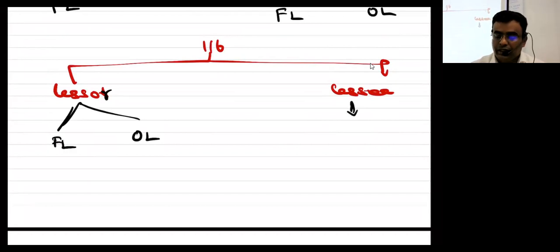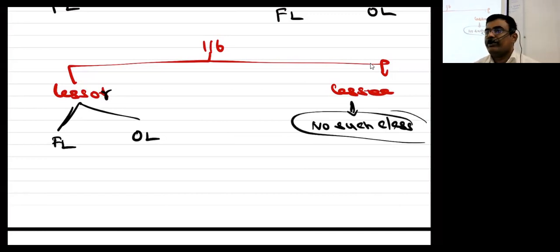Here, there is no such classification. Just I'm giving a fair view. What are the changes? Are you getting connected with me? There is no such finance lease or operating lease from the point of lessee.